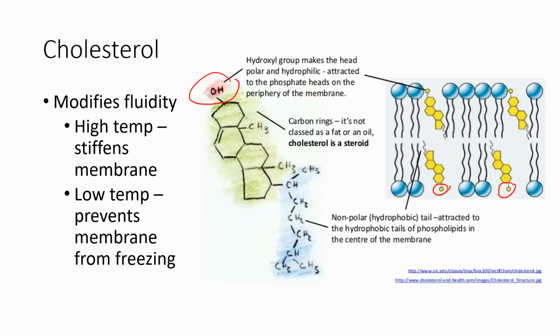That's important because when temperatures get hot, the cholesterol actually helps to stabilize the membrane, keeps it from getting so fluid that you basically ooze into a puddle. And at low temperatures, it helps prevent the cell membrane from freezing. So it's also important for helping us maintain homeostasis and survive hotter or lower temperatures than normal.